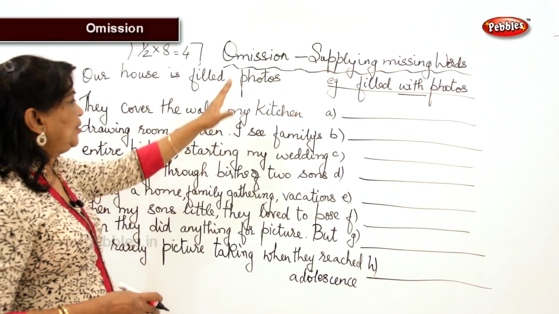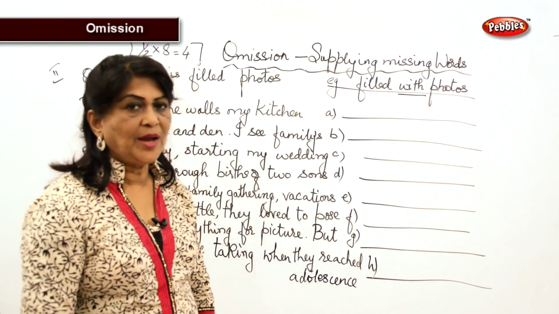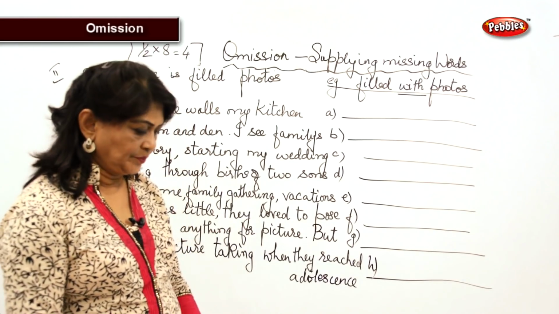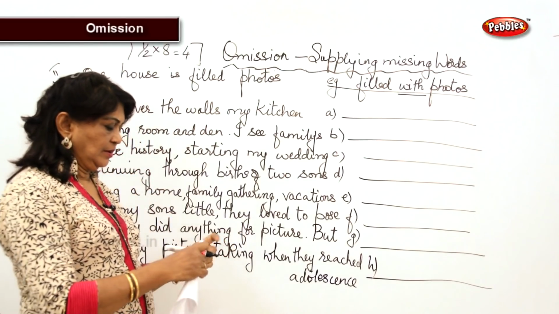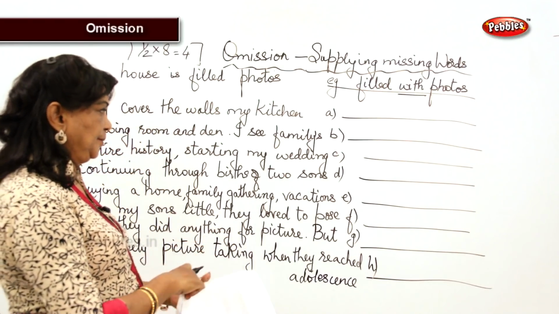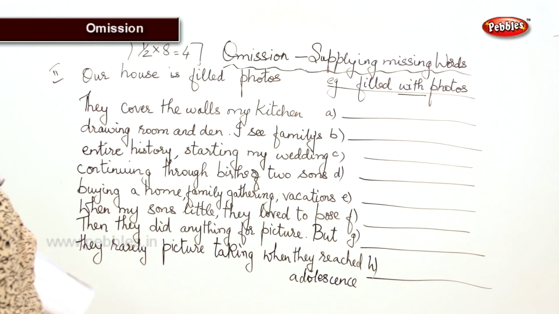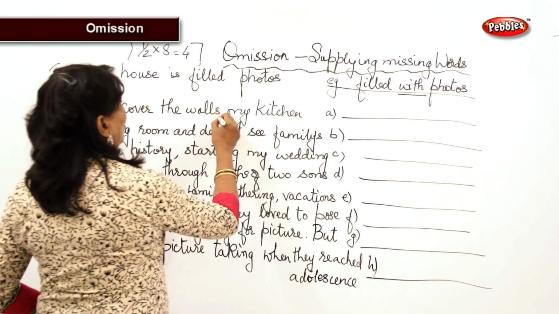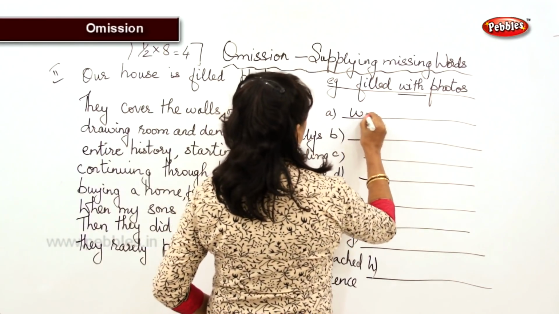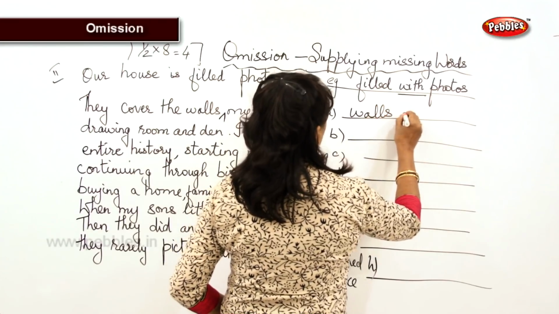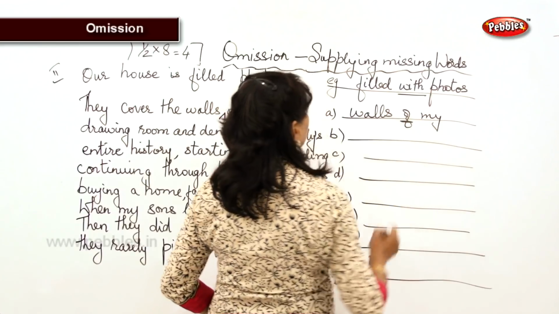So, each line you have A, B, C, D, E, F, G, H. Now, let us try and fix it. Okay, now what would you think will be the word over here? The first blank. They cover the walls of my kitchen. So, you have to write walls of my and underline of.